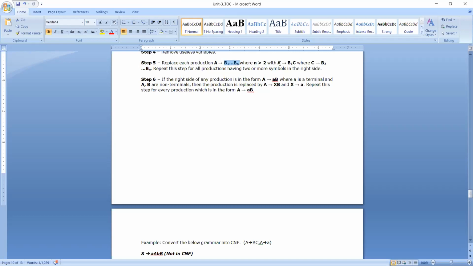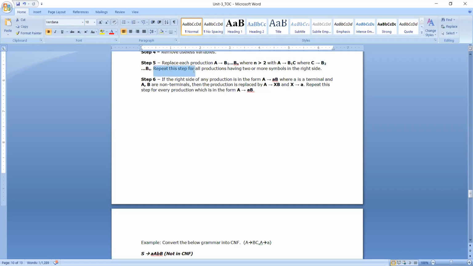In such a case, you replace it with A derives to B1 C. We keep the first symbol as it is, and whatever the remaining symbols are, we replace them with C. That means we make use of a new variable, and C is nothing but B2 to Bn.